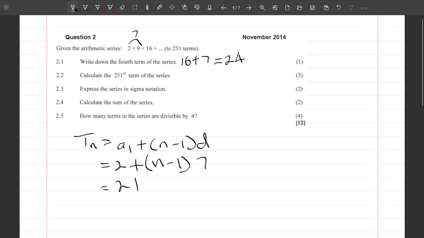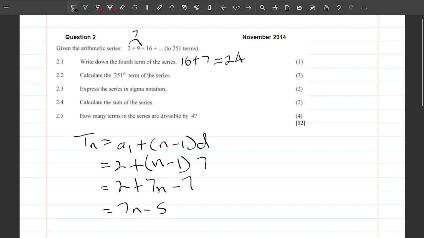Then 2 plus 7n minus 7, because 7 multiplied by n is 7n, and 7 multiplied by negative 1 is negative 7. Then I'm going to get 7n, and then 2 minus 7 is negative 5. So we get a negative 5 there.